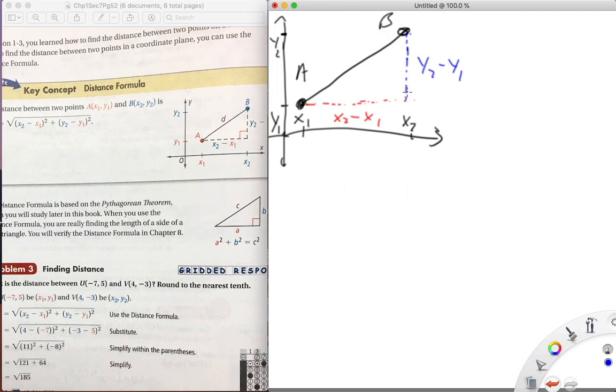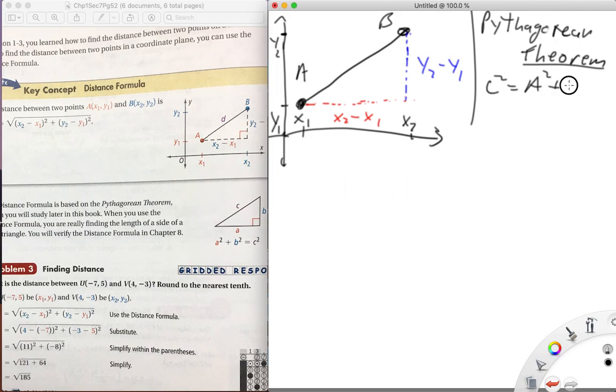This really looks like a triangle, right? And if you recall the Pythagorean theorem, the Pythagorean theorem states that c squared equals a squared plus b squared.